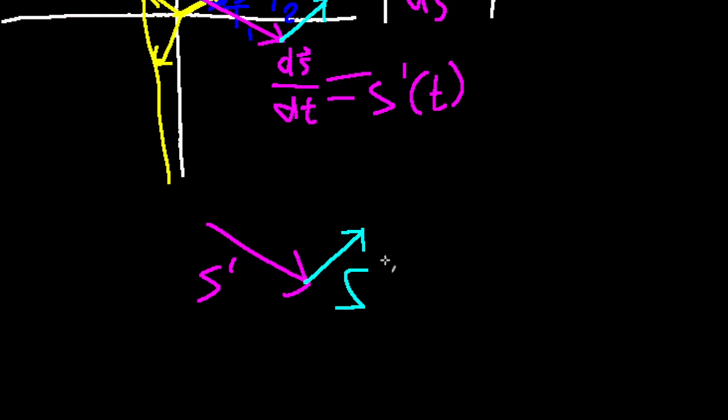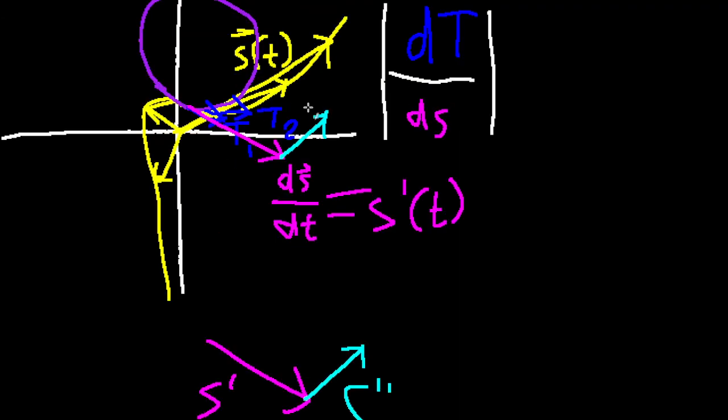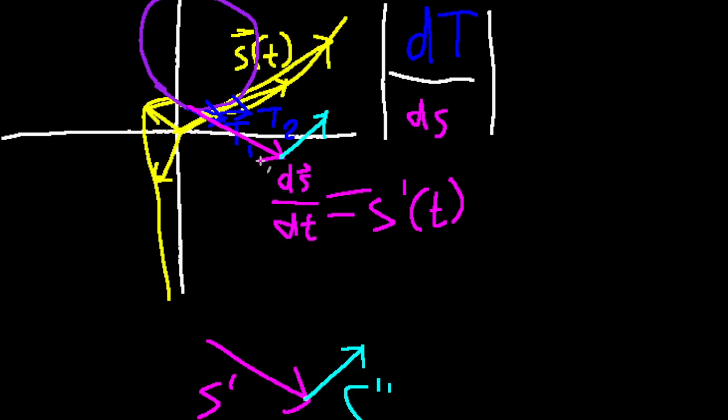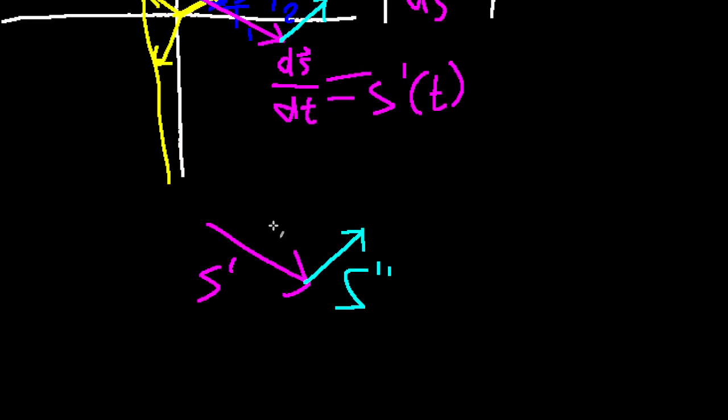You can think of this as the acceleration. And what we really want to figure out is how perpendicular these two vectors are to each other, right? The perpendicularity between the first derivative and the second derivative, because s double prime is telling s prime how much to turn at that point on the curve.